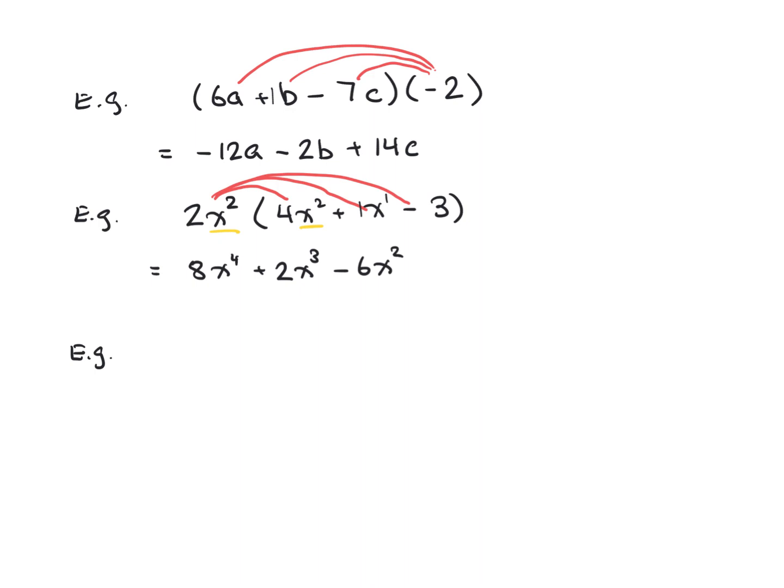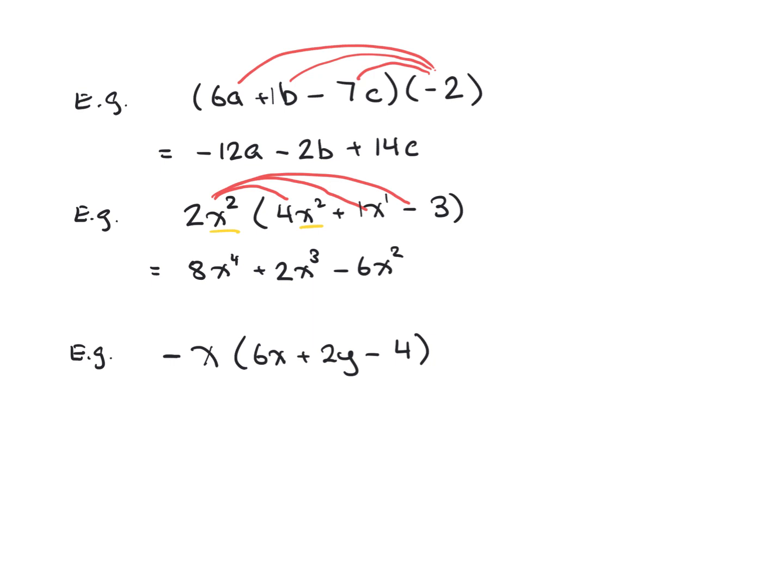It can be a little more complicated as follows. Okay, so we have -x times brackets 6x plus 2y minus 4.